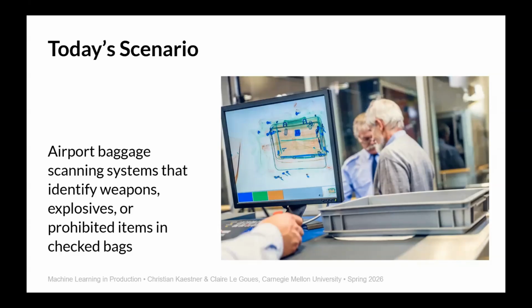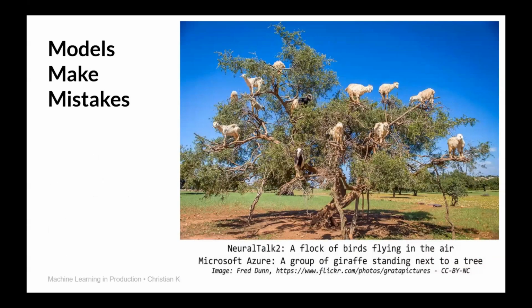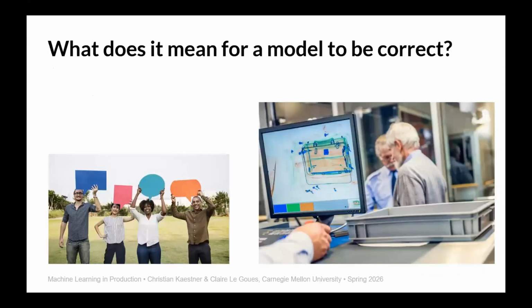Right? So let's say we have a thing that gets a scanner, there's an X-ray scanner that takes checked baggage, and we want to detect problematic things. Right? We already know models make mistakes. I've shown this last time. What does this actually mean for a model to be correct? So let's say we want this model to detect weapons in checked bags.